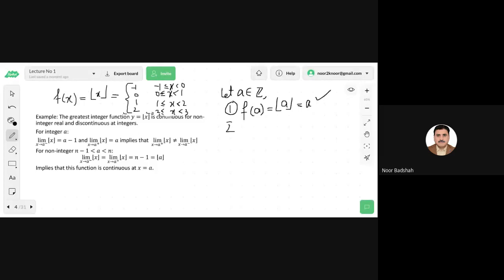In the second part, we will be finding left hand limit and right hand limit, because we are considering an infinite interval, so every point will be an interior point. We consider x goes to a from the left side, f of x. By using the left hand limit condition, as I said, you will replace the limit by h goes to 0, and x will be replaced with a minus h.